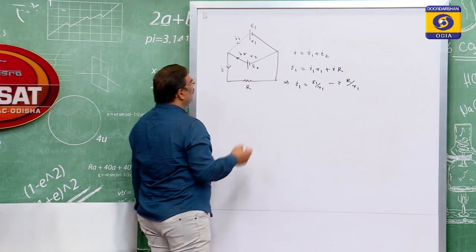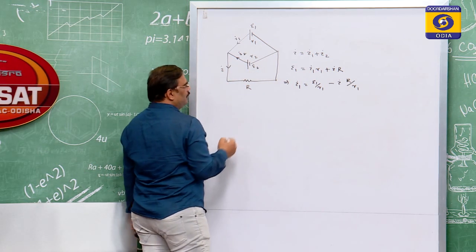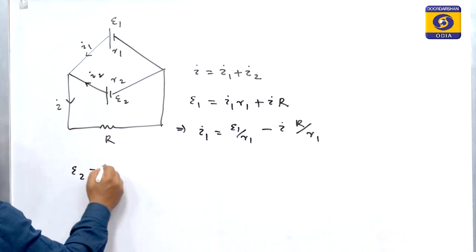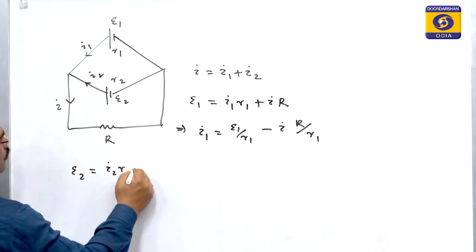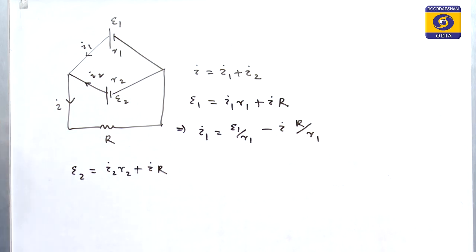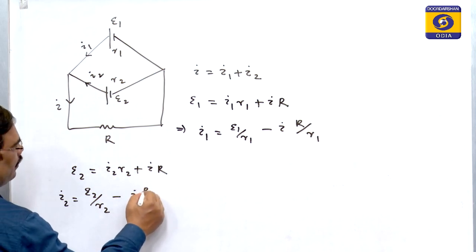Similarly, in the second network containing E2 and R, I can write E2 equal to I2 R2 plus IR, and in a very similar fashion I have I2 equal to E2 by R2 minus IR by R2.